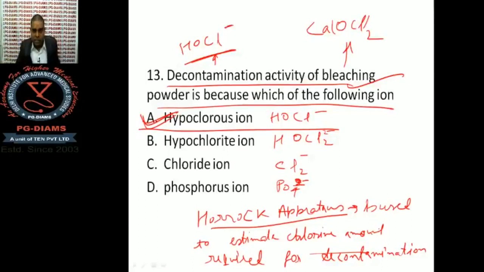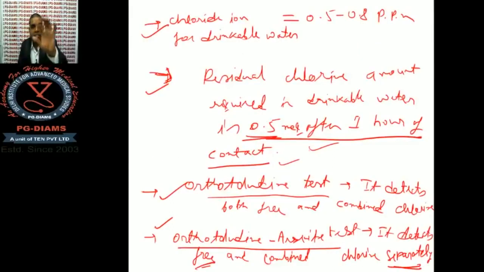That calculation is done with the help of Horrocks apparatus. Then you put some amount of bleaching powder in the well based on that calculation. After putting it in, you waited for 1 hour, and after 1 hour you took out some water and calculated the amount of free chlorine with the help of the orthotolidine arsenite test.